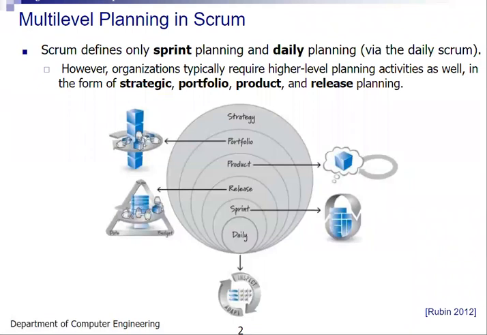Basically, you start with creation of the product backlog, and then release planning for that product. Then sprint planning, which we already discussed, and to achieve it you do the daily stand-up meeting throughout the sprint cycles. But apart from that, strategy planning is also there.